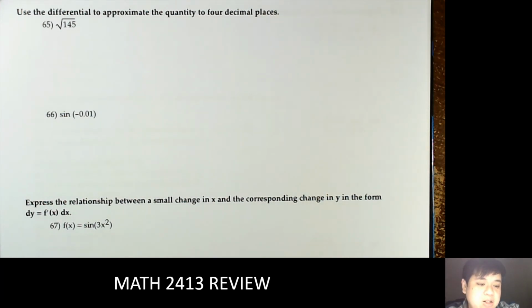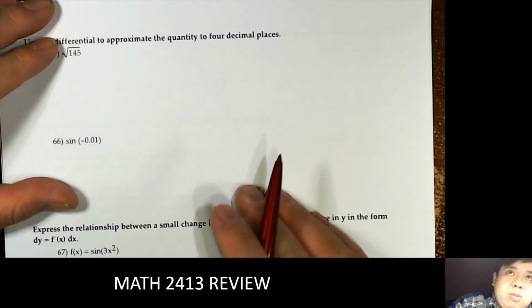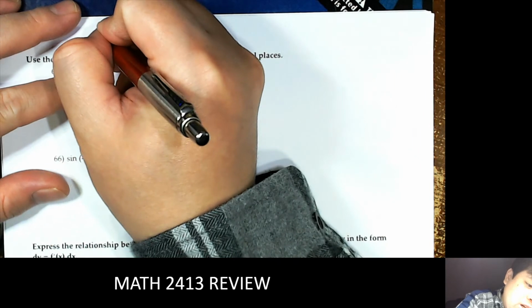So this one asks to use differentials to approximate the quantities. So this is a linear approximation. So let me write out a linear approximation.